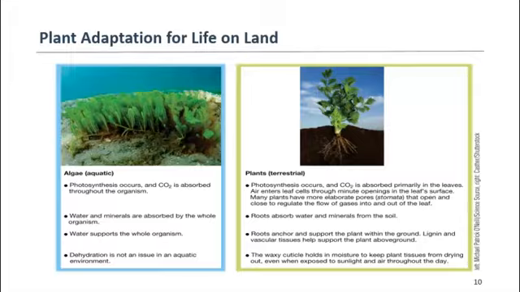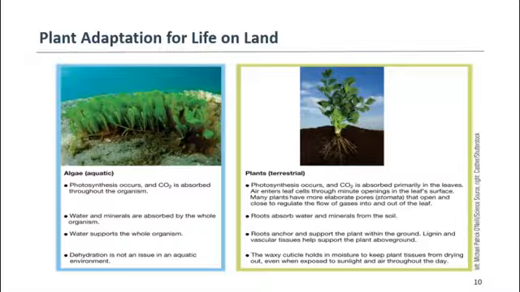So they have roots that are growing into the ground that are able to extract water and minerals from the soil. So that's a little bit different. With plants, we talk about having true organs, or true roots, stems, and leaves, which algae does not have.